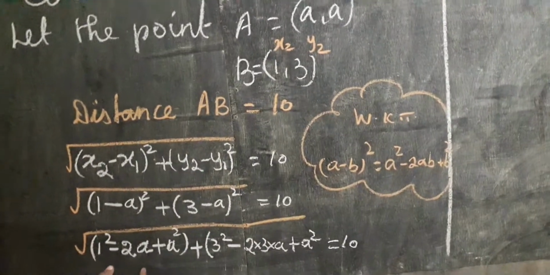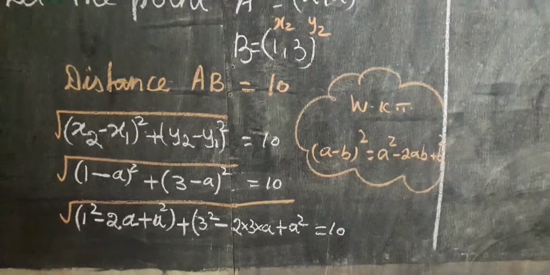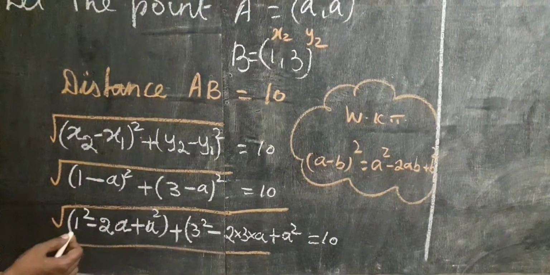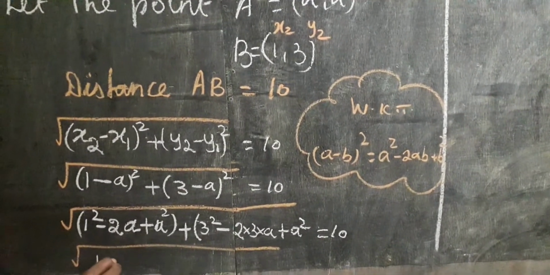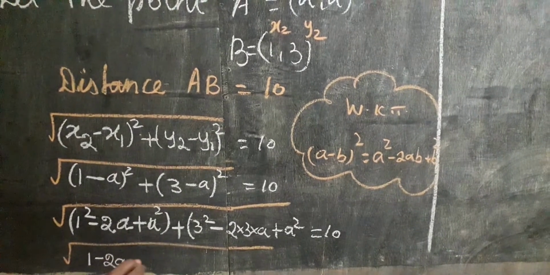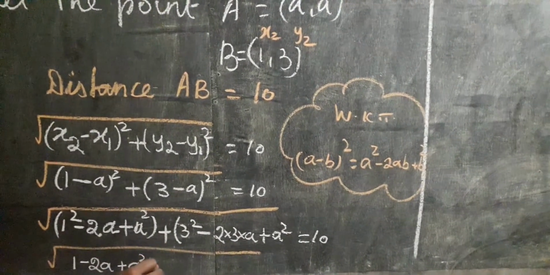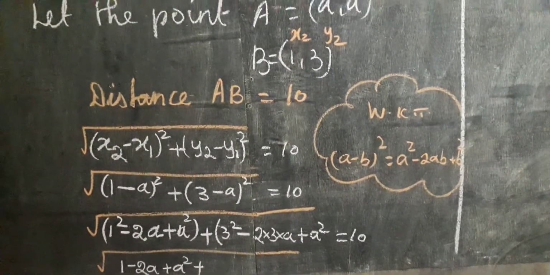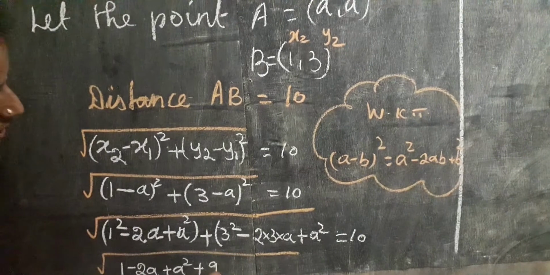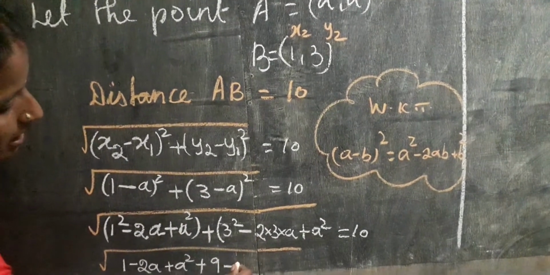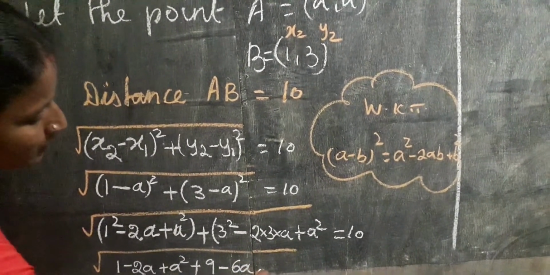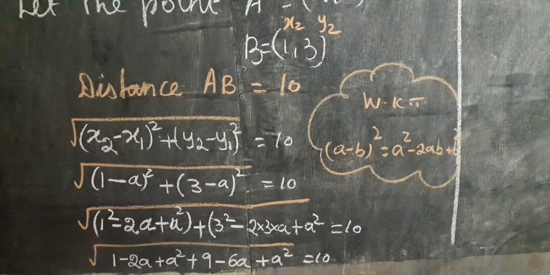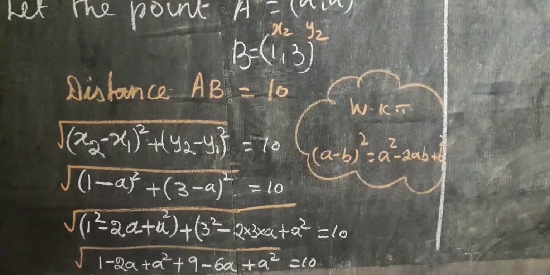Next, to simplify this: square root of 1 minus 2A plus A square, and then put the plus symbol. 3 square means 3 into 3, 3 3s are 9, minus 2 3s are 6A, plus A square, is equal to 10. Next, see the values.